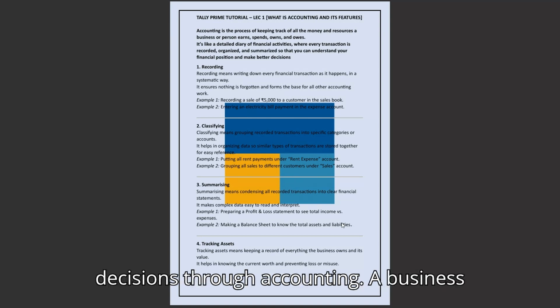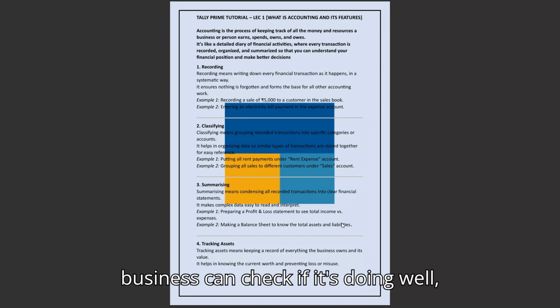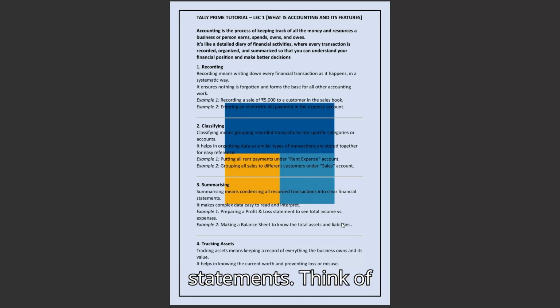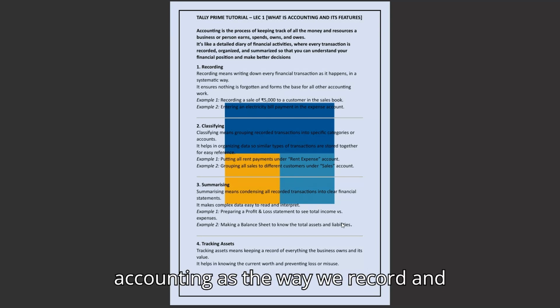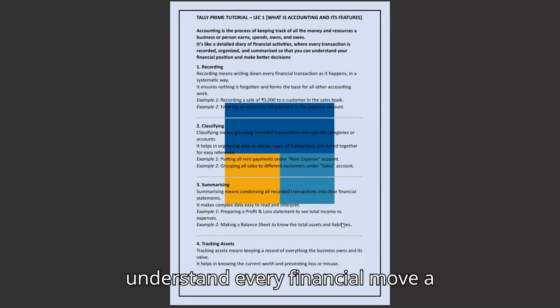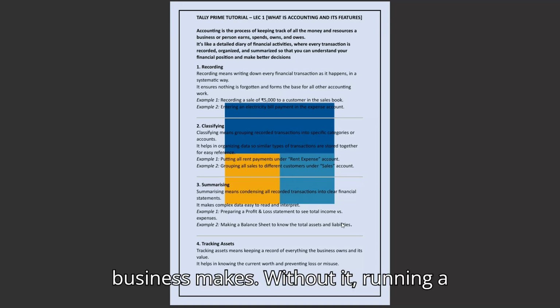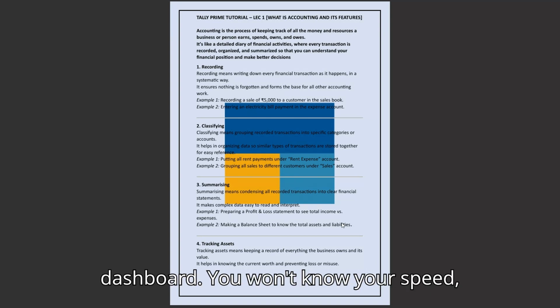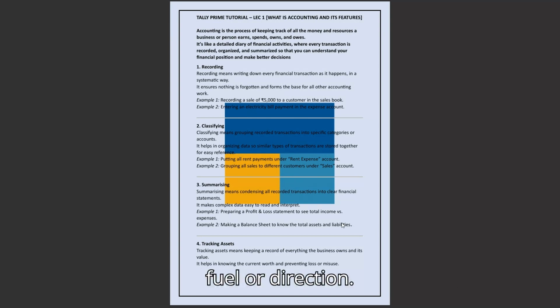Through accounting, a business can check if it's doing well, follow the law, and prepare important reports like balance sheets and income statements. Think of accounting as the way we record and understand every financial move a business makes. Without it, running a business is like driving without a dashboard. You won't know your speed, fuel, or direction.